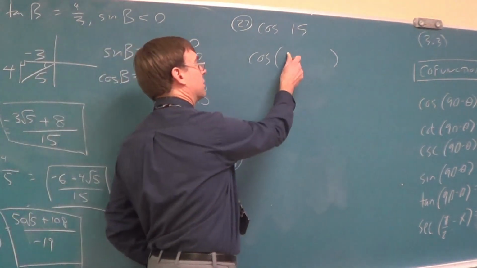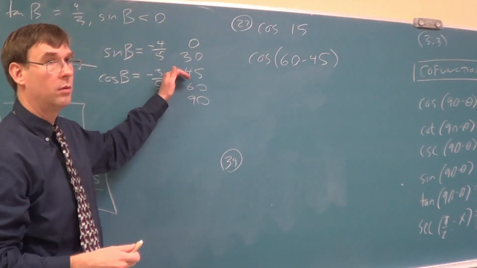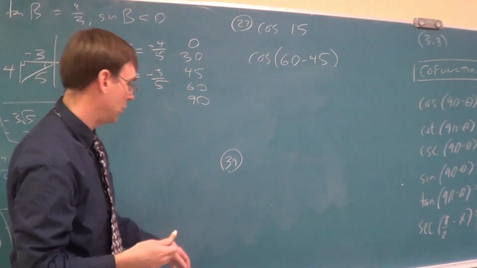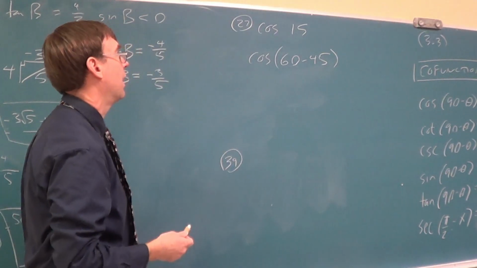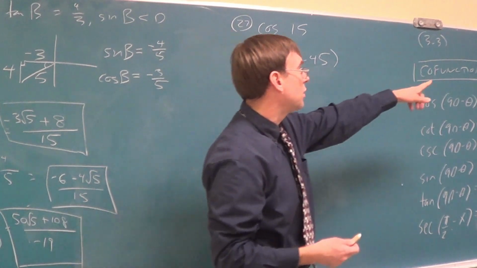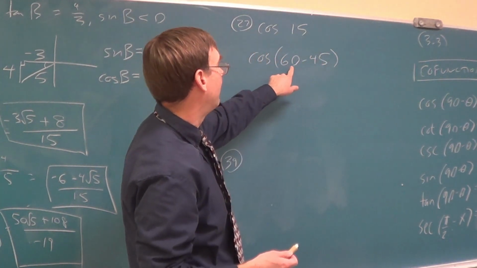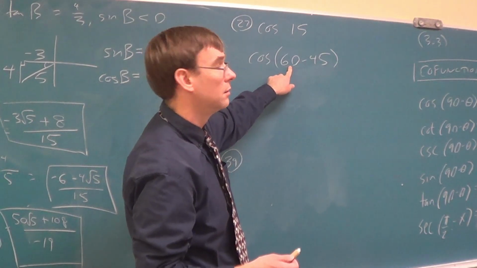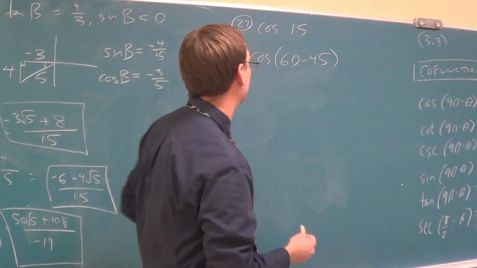60 minus 45 is fine. 45 minus 30 would have also been acceptable. There's different ways that that could have been done, but we just need some problem that can make a 15. Now we're going to use the subtracting property from a second ago. But we don't have an A, we have a 60. And we don't have a B, we have 45.